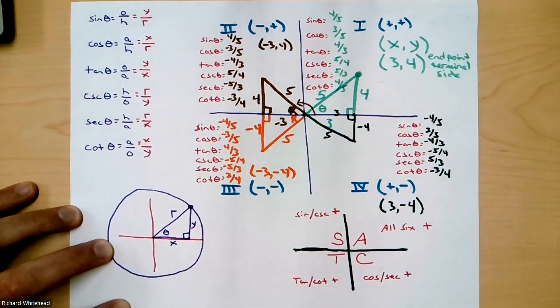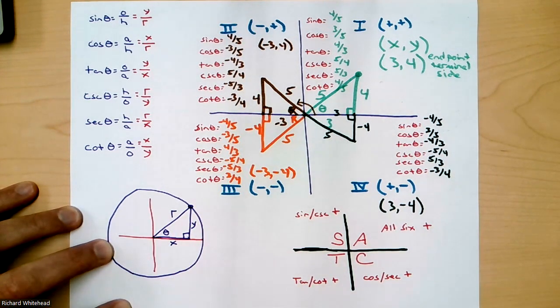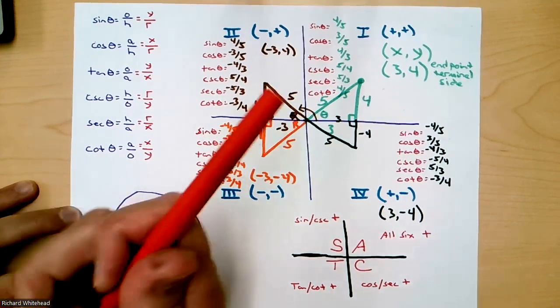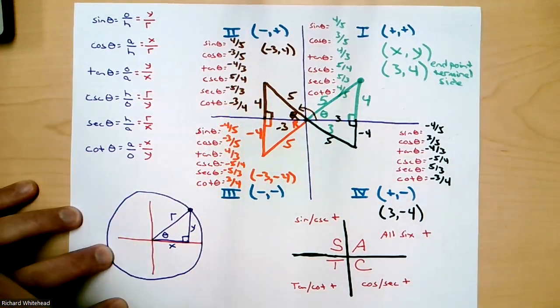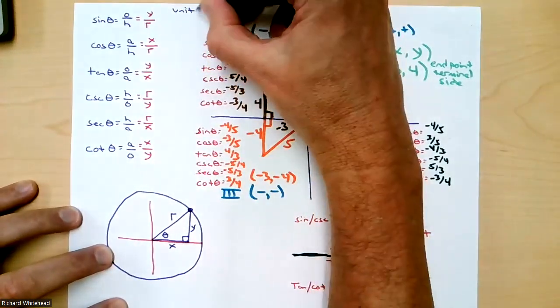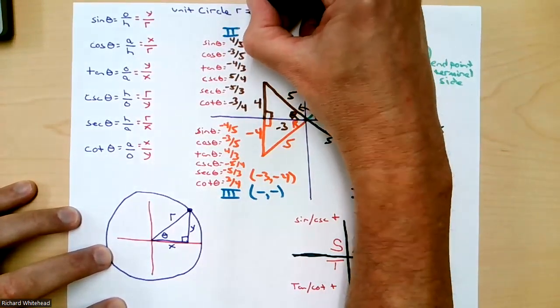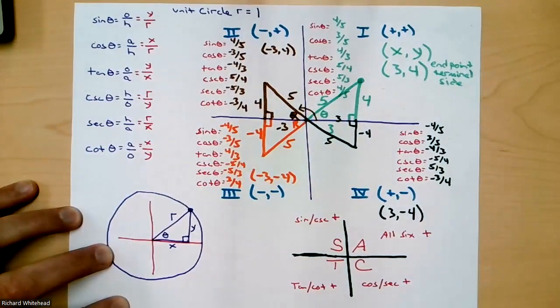Now, just to be a nerd about this, we're going to get to it in a minute. When we're on the unit circle, remember how we standardized the unit circle? On the unit circle, what was the radius always? Okay, 1. Somebody says 1.